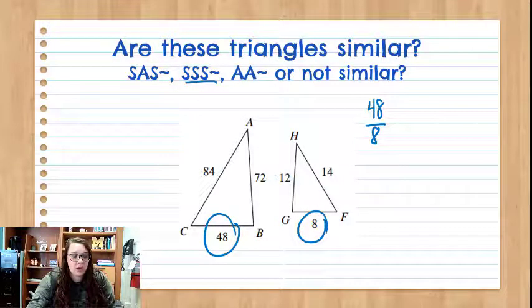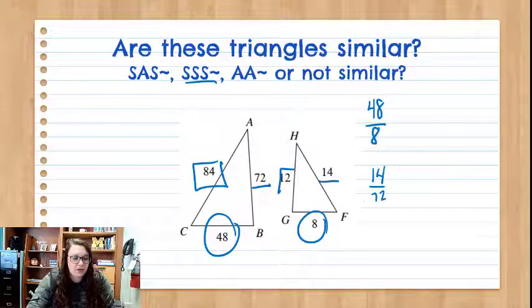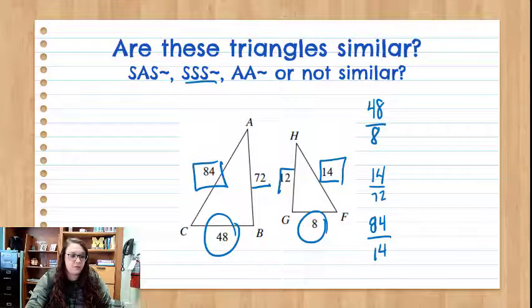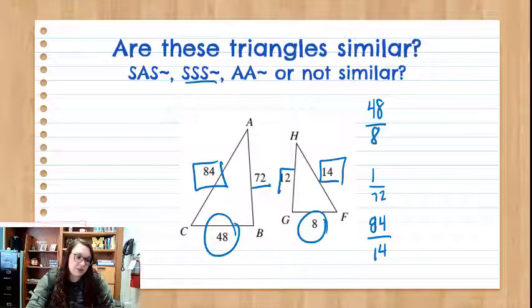Medium sides are 14 and 72, and the big sides are 84 and, ooh, wait, I messed up. I started to label it wrong, 84 and 14, oh, this should be a 12, there's my mistake, going too fast. Where did I mess up? Let me start over.